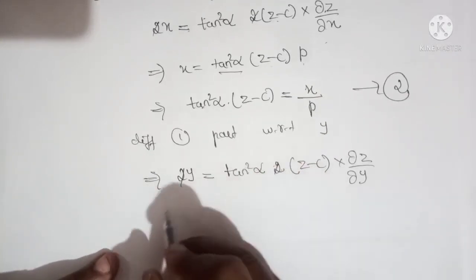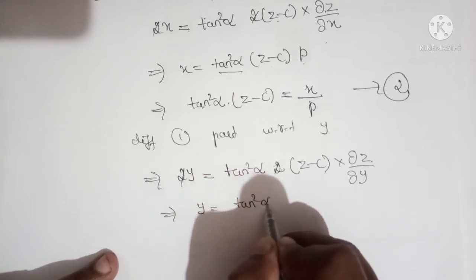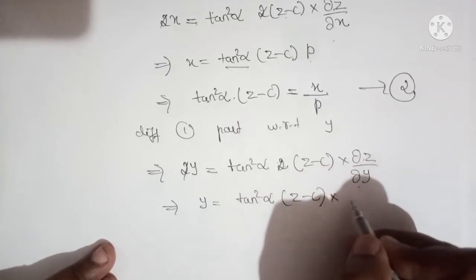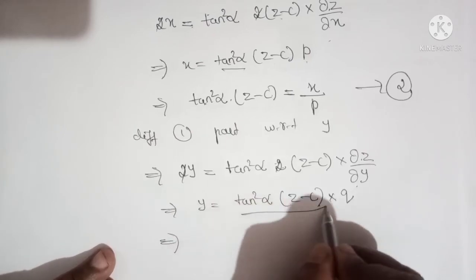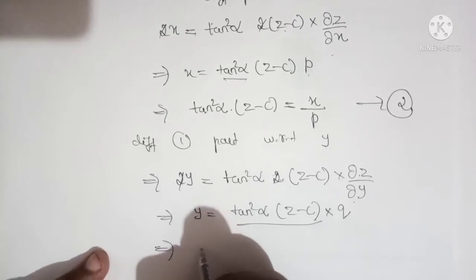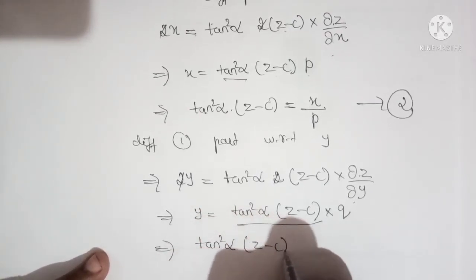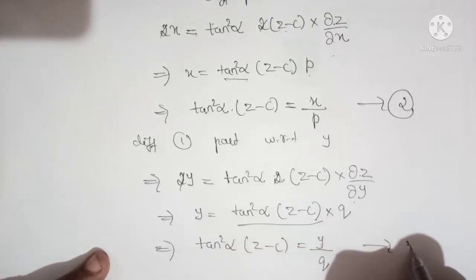The 2 gets cancelled. y equals tan square alpha, which is constant, and (z minus c) we keep as it is. Dou z by dou y is replaced by q. Again you can observe that this term is the same as in the given term, so we separate it. Tan square alpha (z minus c) equals y divided by q. Consider this as equation 3.